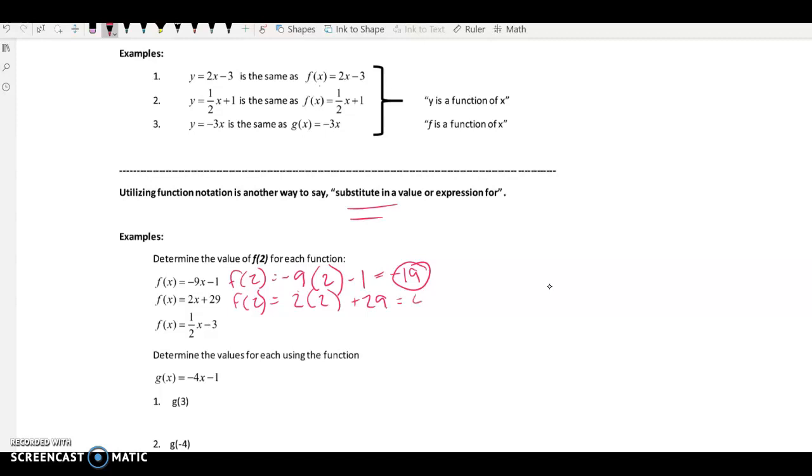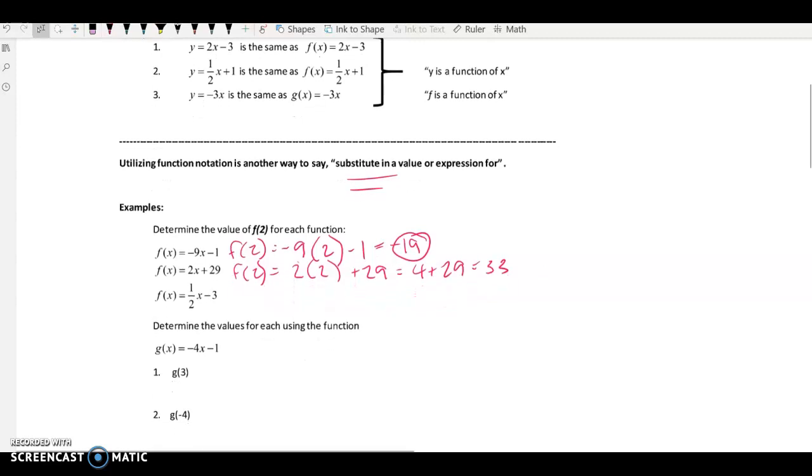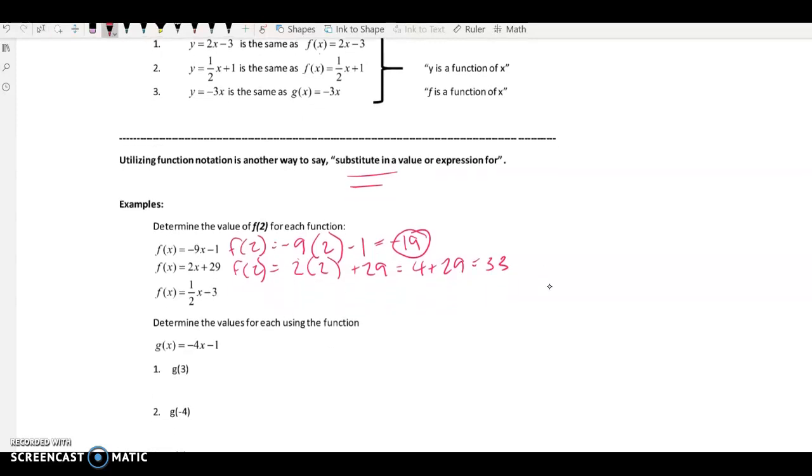So 2 times 2 is 4. 4 plus 29 is 33. Okay. This next one, f of x is equal to 1/2 x minus 3. If I plug in 2, f of 2 is 1/2 times 2 minus 3. So f of 2 would have to equal 1 minus 3. So I get negative 2 is my answer for that one.